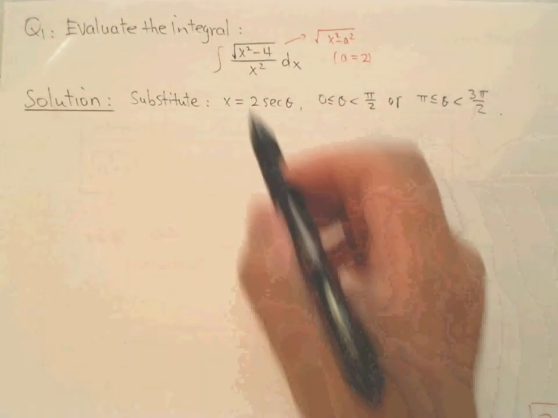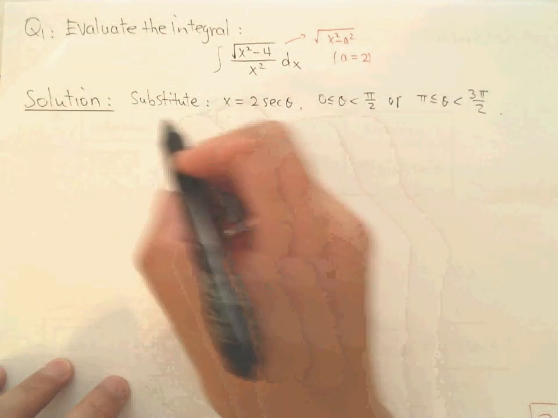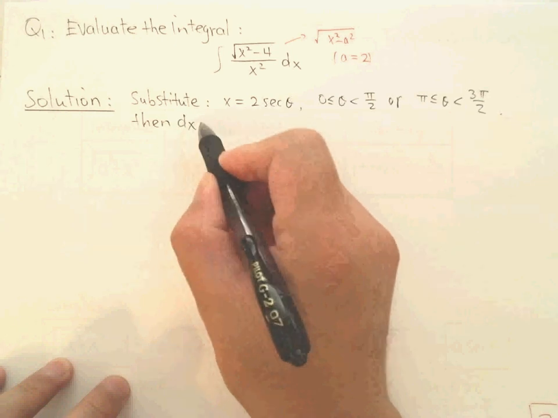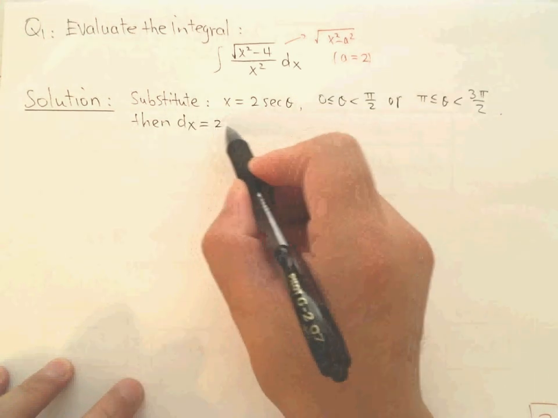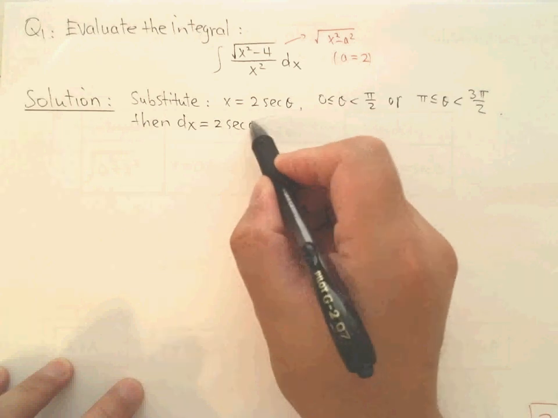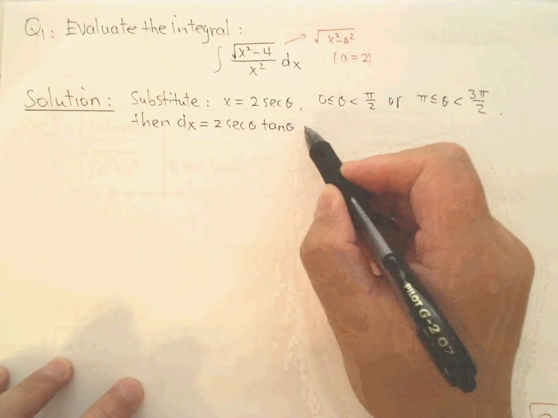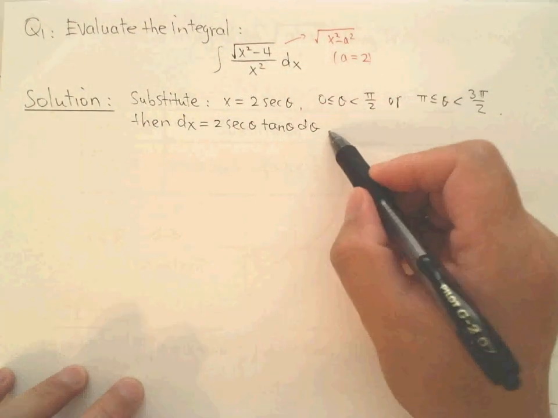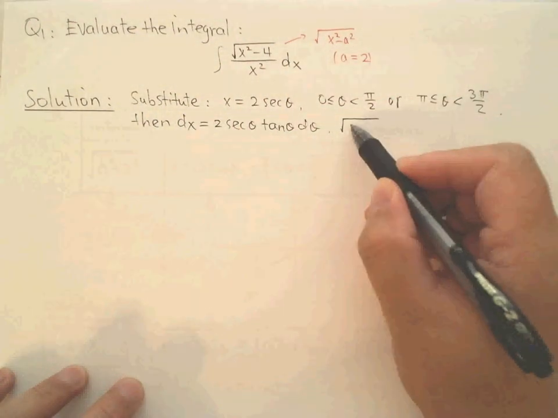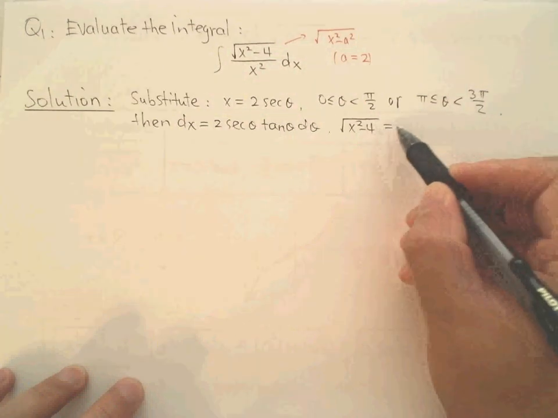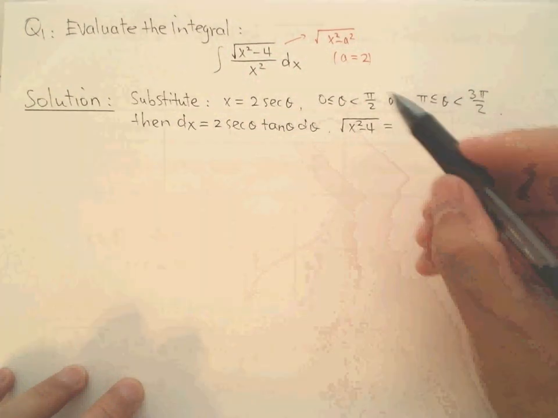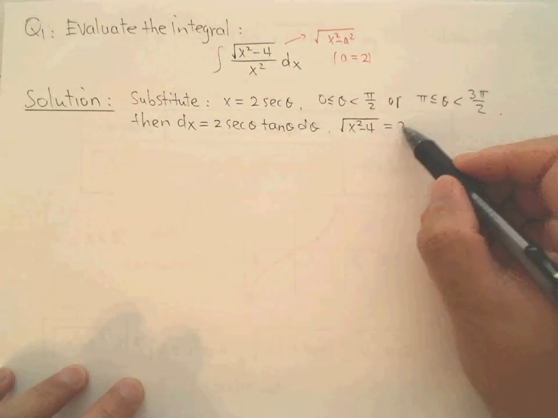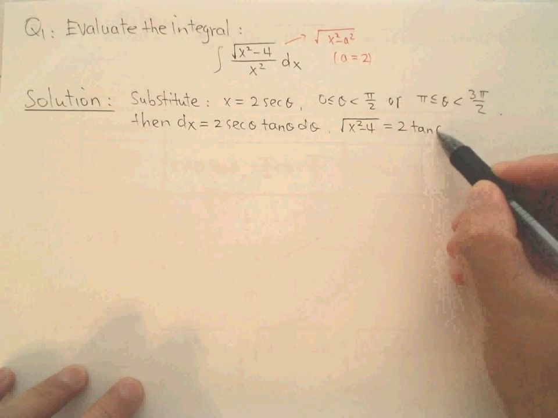Now I just find dx first. What is dx? Taking a derivative, dx is 2 times secant theta times tangent theta d theta. What is the integrand after simplifying? We already did it on the previous page: it is a times tangent theta, and a is 2, so 2 tangent theta.